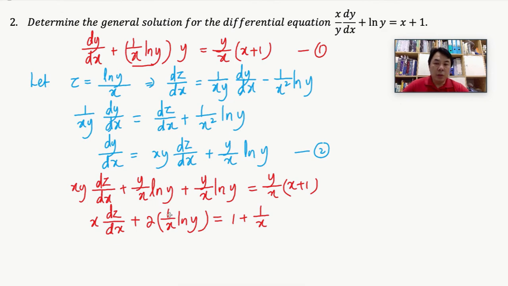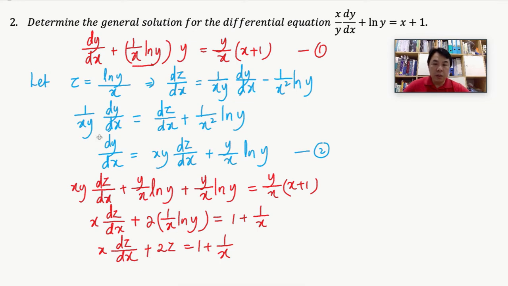And then furthermore, we recognize that 1 over x ln y, we have actually represented as z. So why don't we just change this to z instead? So that will be dz/dx plus 2z equal to 1 plus 1 over x. Now that's what we have currently.